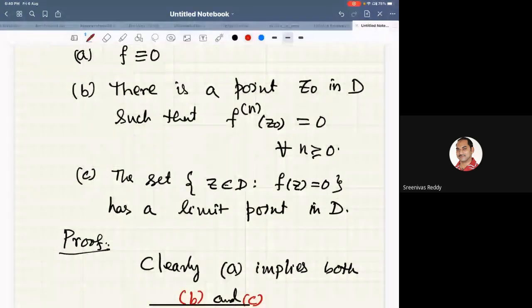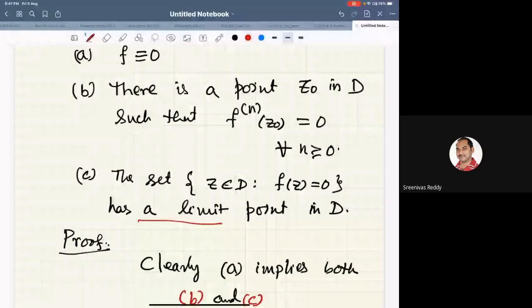The set has a limit point in D. The statement is very clear: if the set has a limit point in D, it is sufficient. So you are telling more information, and I am telling less, meaning any one limit point. If the set has a limit point, one limit point is sufficient. Okay, sir. Thank you.